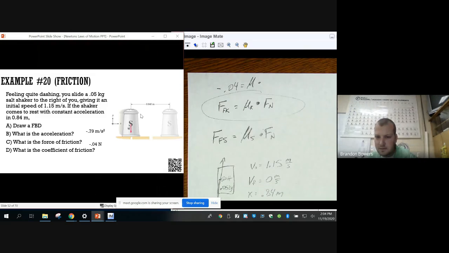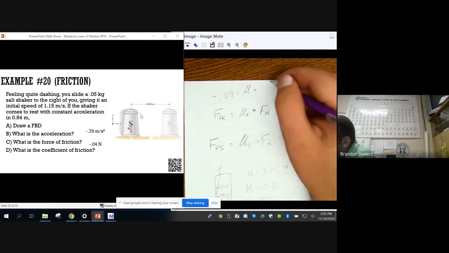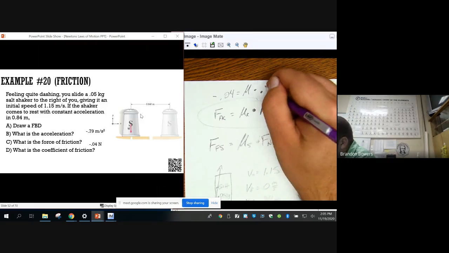I'll find my calculator. Here we go. I got the normal force to be 0.49.